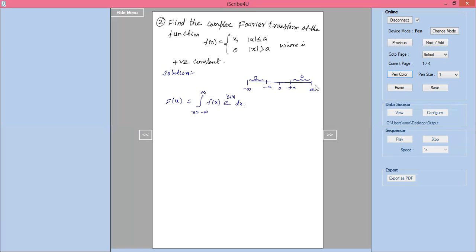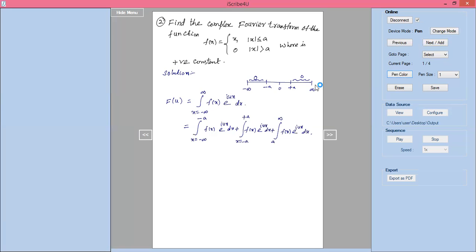Already I told that I will split like this. X equal to minus infinity to minus a f of x into e power iux into dx, plus x equal to minus a to plus a f of x into e power iux into dx, plus a to infinity f of x into e power iux into dx.